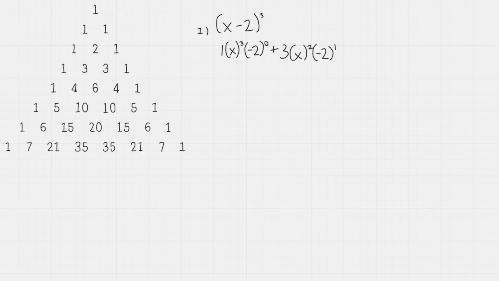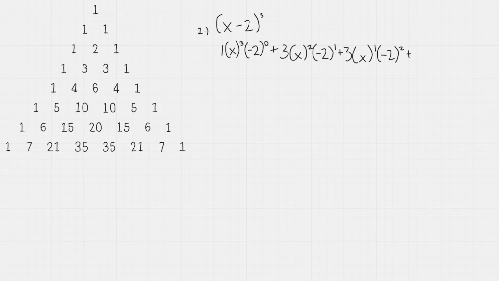We have 1, plus our next coefficient, which is 3, times our first term x to the power of 1, times negative 2 to the power of 2, plus our next coefficient.